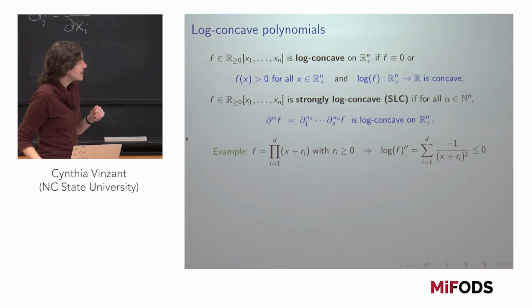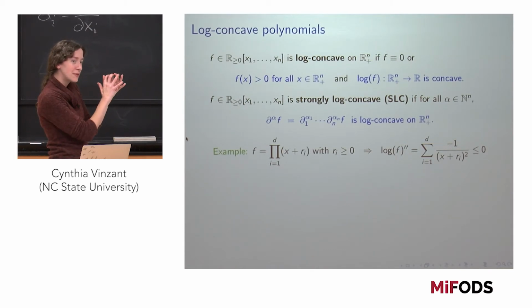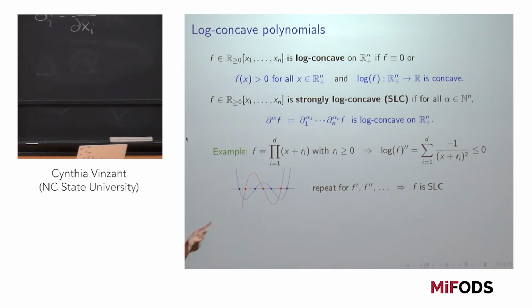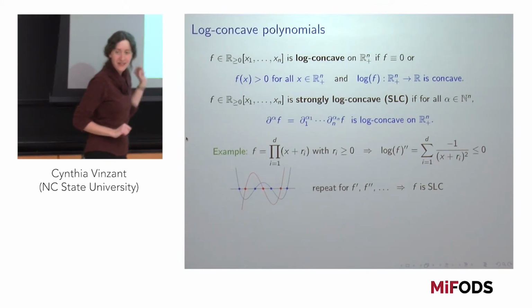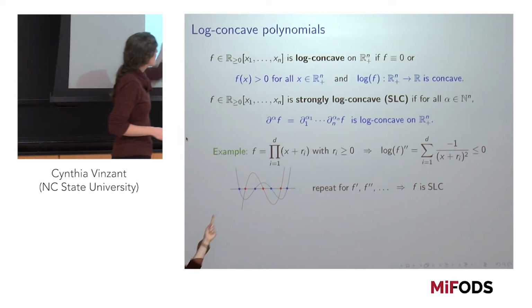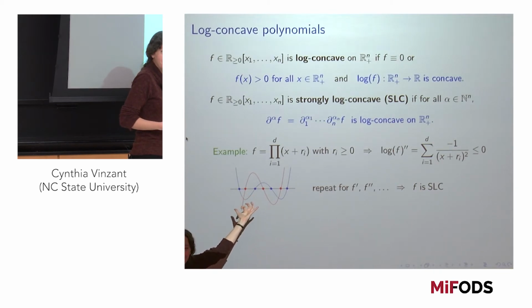And in fact, I claim that its derivatives will also have this same property, because if I take a real-rooted polynomial and I take a derivative of it, all of its roots will again be real and be forced to interlace. Here's a picture of f in blue and f prime in red. And so again, for the derivative, I can write it in this fashion for different roots, now red roots rather than blue roots.